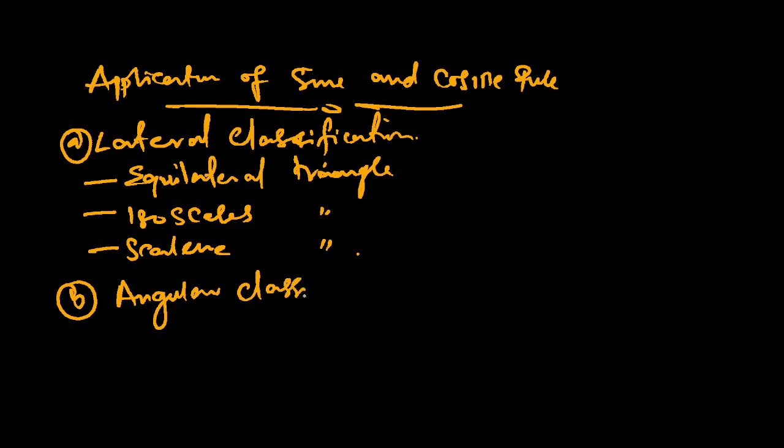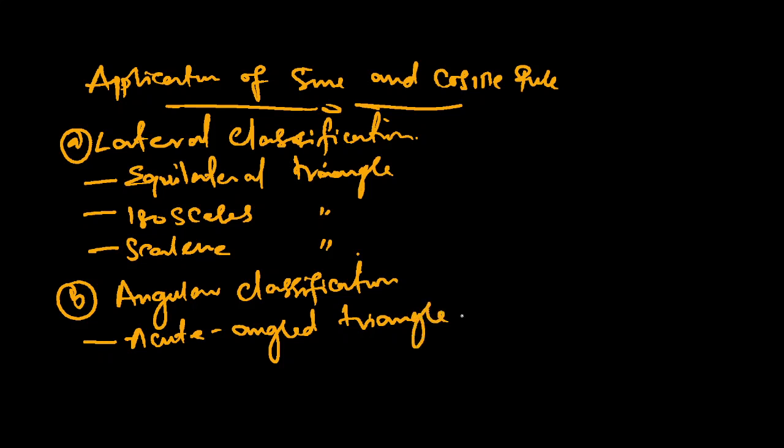Angular classification. So when we say angular classification, we can classify a triangle as acute angled triangle, or we classify it as obtuse angled triangle.